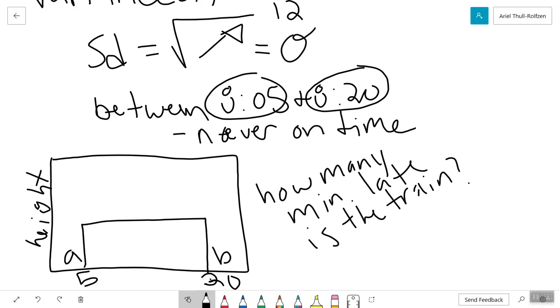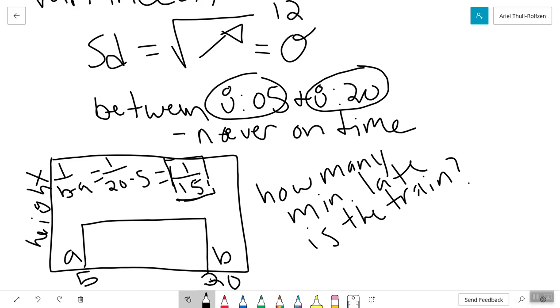So we've established our width, and we know that our height is 1 over b minus a. If b is 20 and a is 5, then 1 over b minus a equals 1 over 20 minus 5, which equals 1 over 15. This is going to be the height of my rectangle.